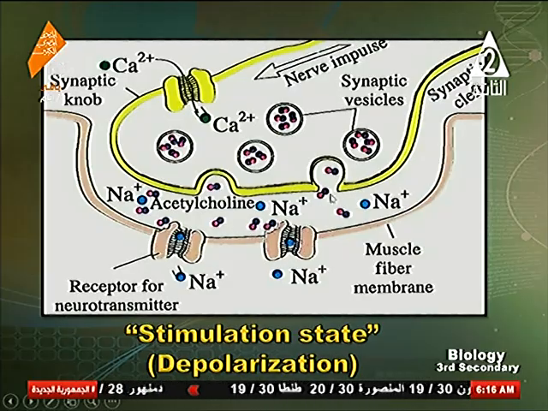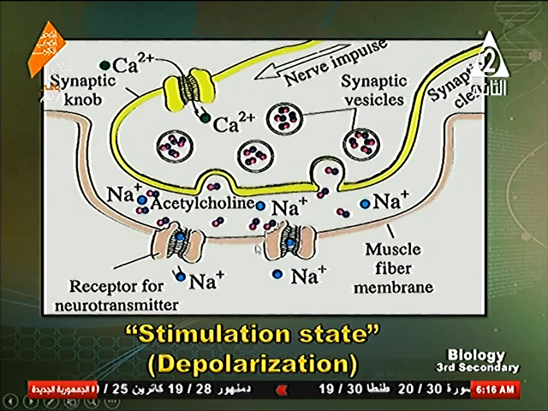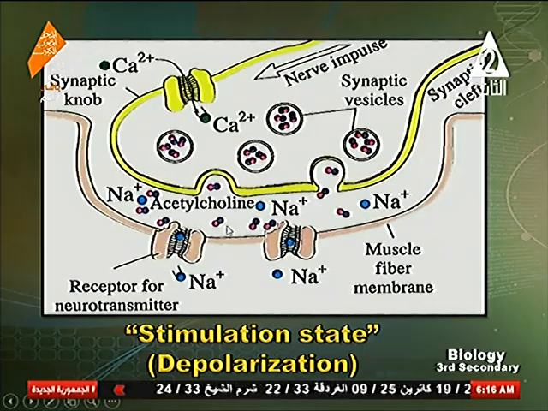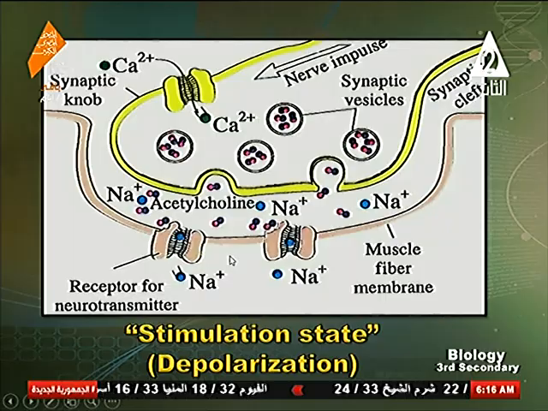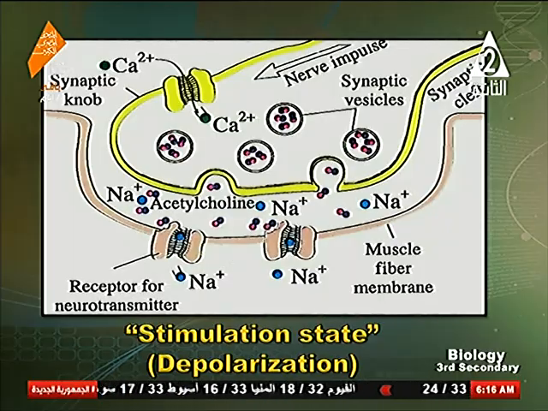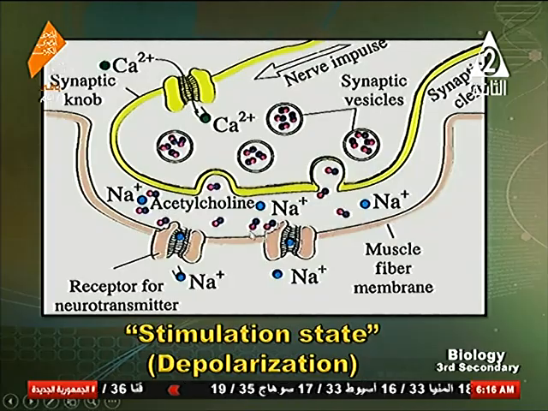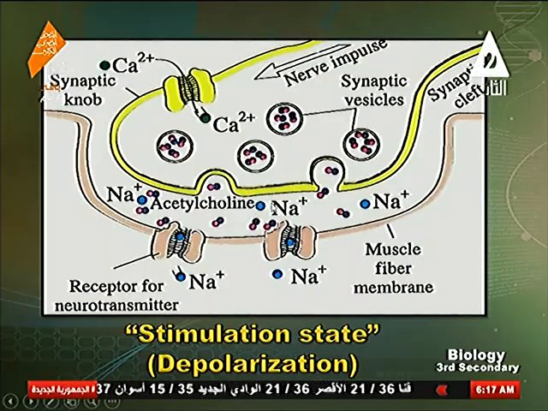The potential difference of the two sides, this is the two sides of the muscle fiber membrane, changes. The outer will be negative and the inner will be positive. And this is due to the increase of the cell membrane permeability. This alternation of charges is due to the increase in the permeability to the positive sodium ion, which passes through the muscle fiber membrane rapidly from outside to inside.